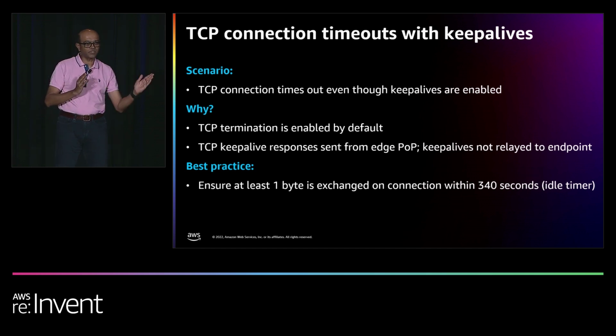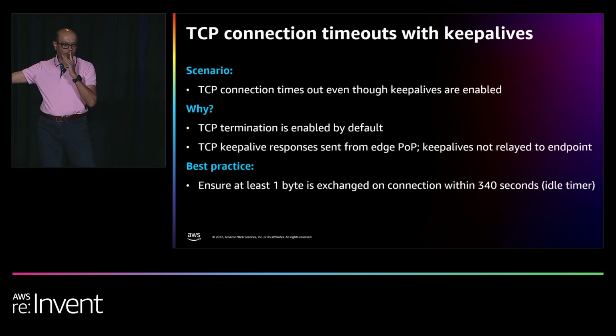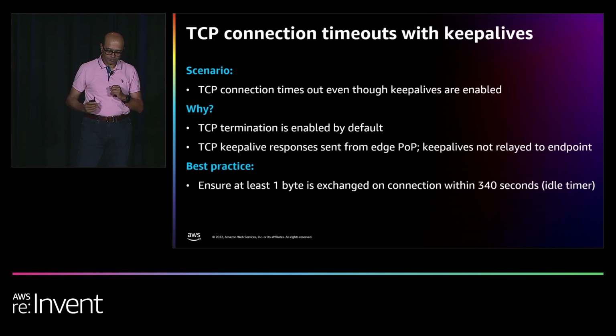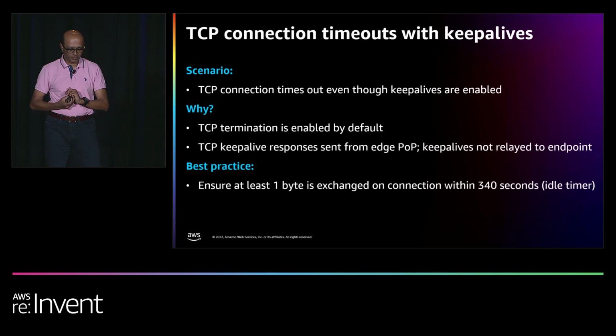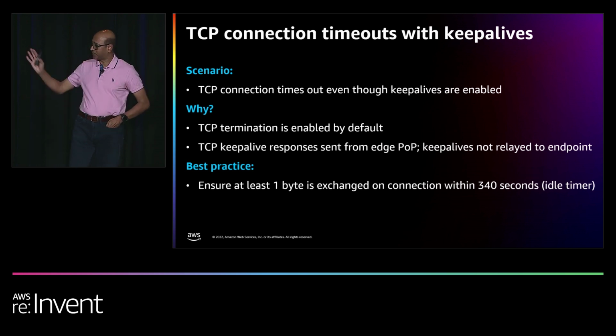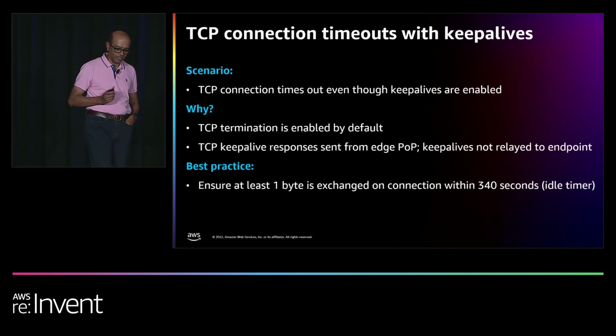So the responses to the keepalives are sent by the edge pop, but we don't actually propagate the keepalives all the way to the regional endpoint. So ensure at least one byte is being exchanged between the client and your regional endpoint. It can be from either side, so as an application owner, you can always trigger that. And this needs to happen within the 340-second idle timer.